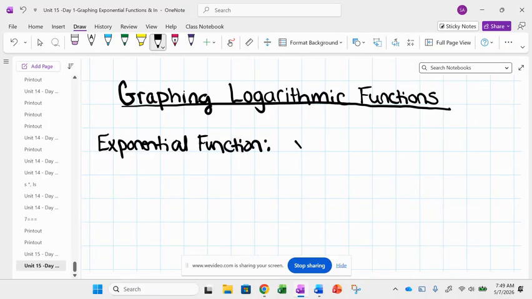We know an exponential function looks something like y equals b to the x power, right?